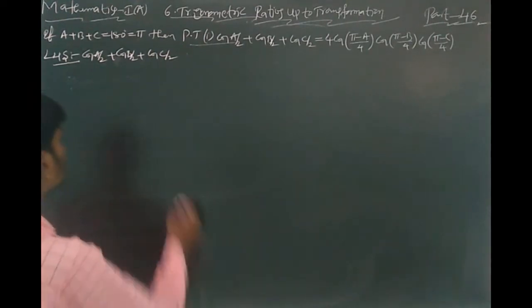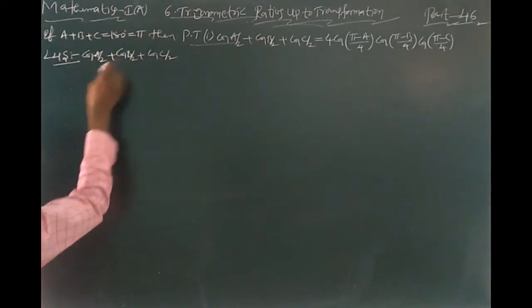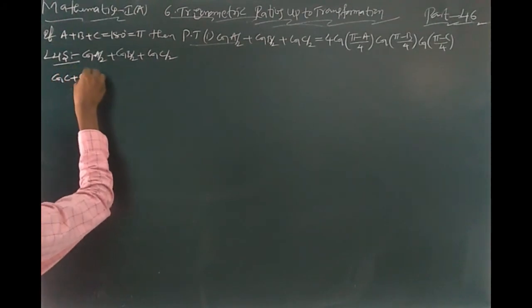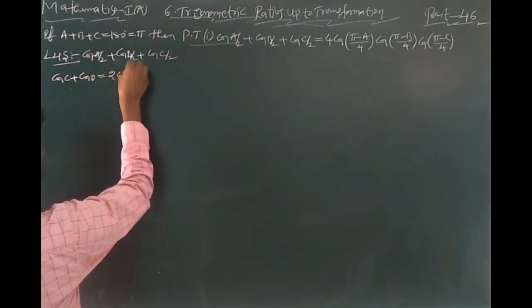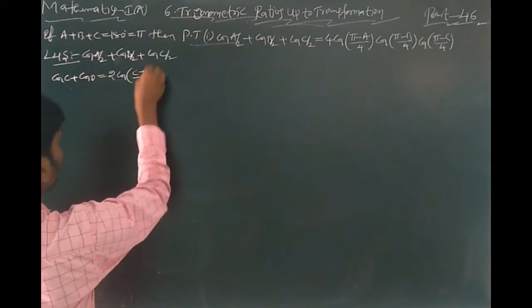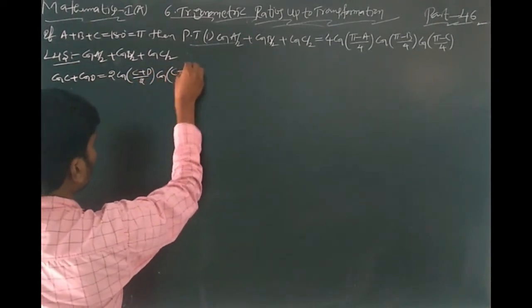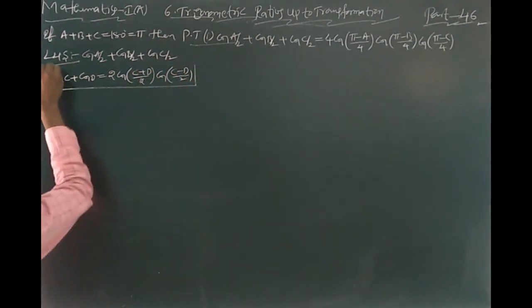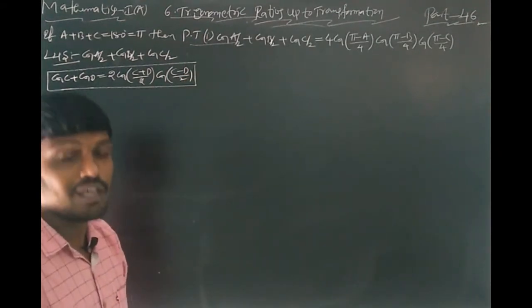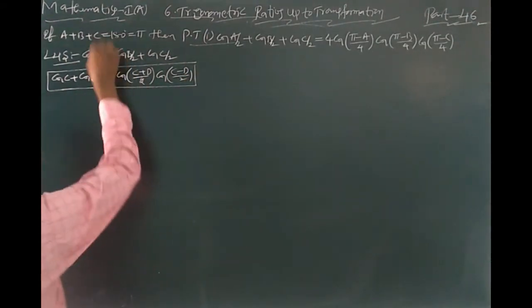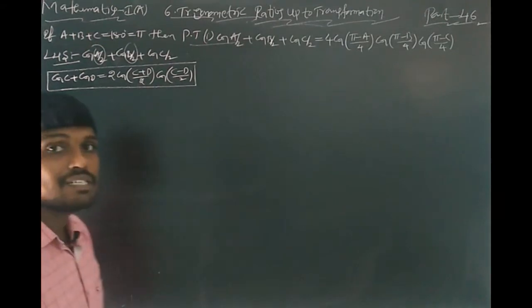Here, see students, the cos C plus cos D formula. What is that formula? 2 cos of (C plus D) by 2 into cos of (C minus D) by 2. This is the cos C plus cos D formula. In this formula, C value is A by 2, D value is B by 2.